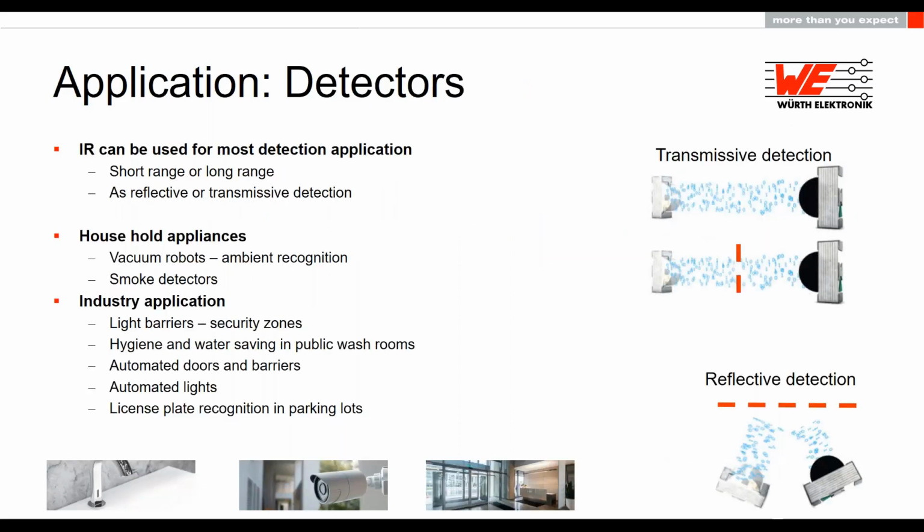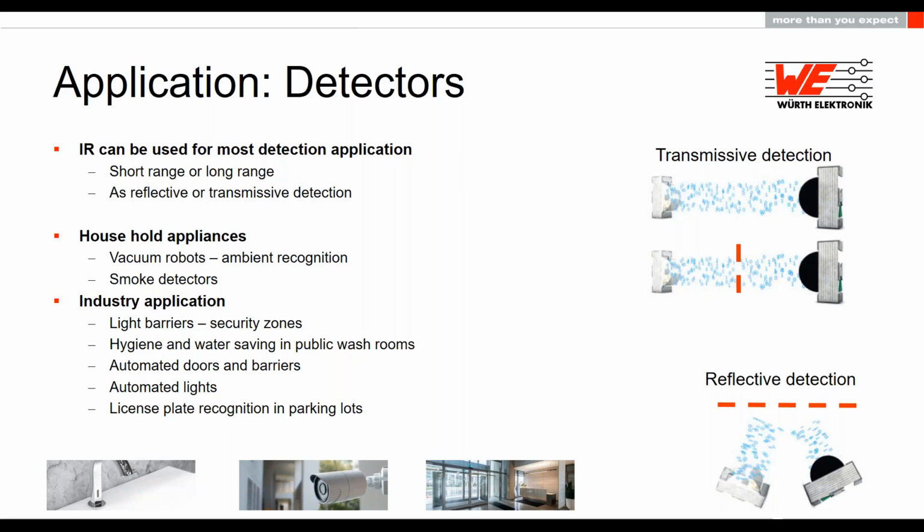What other applications are the different detectors, transmissive or reflective detectors, as you can see here. In a transmissive detector, we can think about different light barriers that can be used for different security zones. When there is nothing between the emitter and detector, they create something like a light barrier.